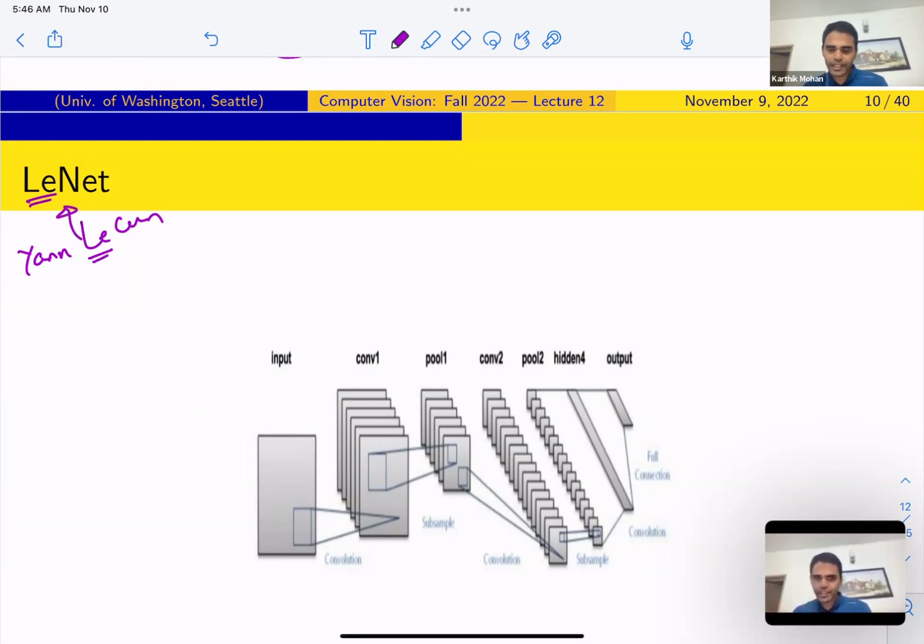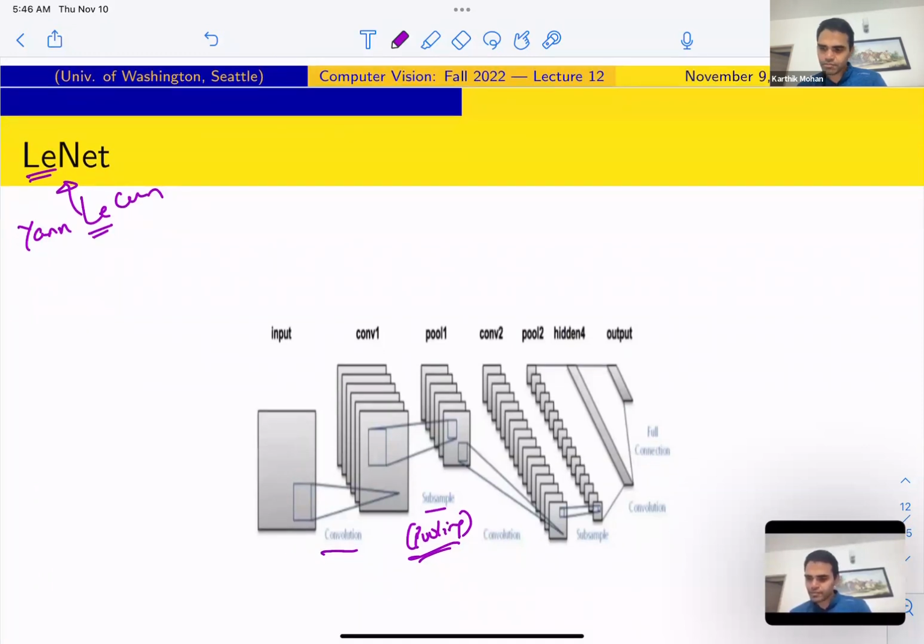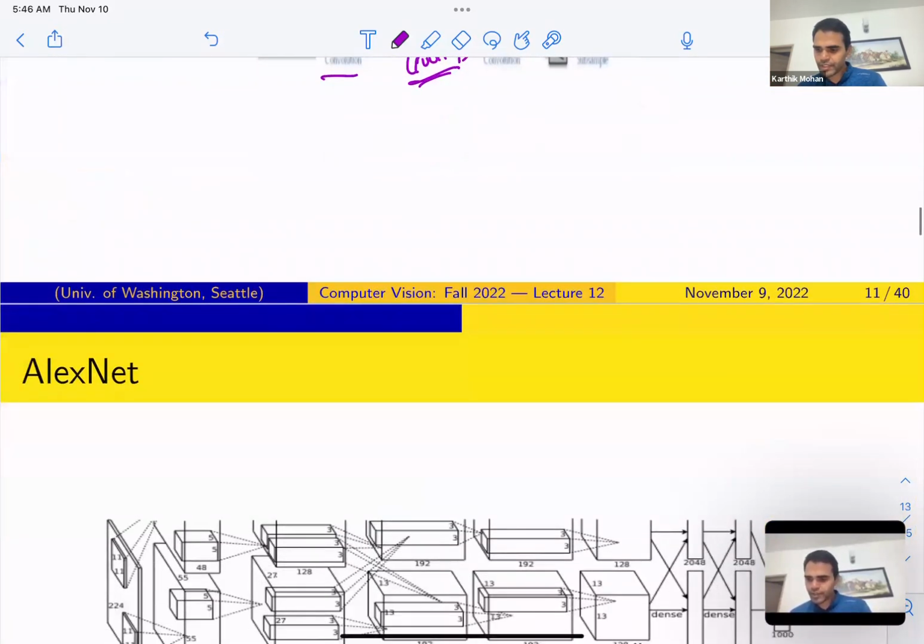Then people started naming after who came up with it. LeNet was pretty simple, but it was one of the first models that used convolution and subsampling or pooling in the neural network, and it didn't have too many layers, 5 layers, pretty straightforward. But this was the basis for improvements in the subsequent models.